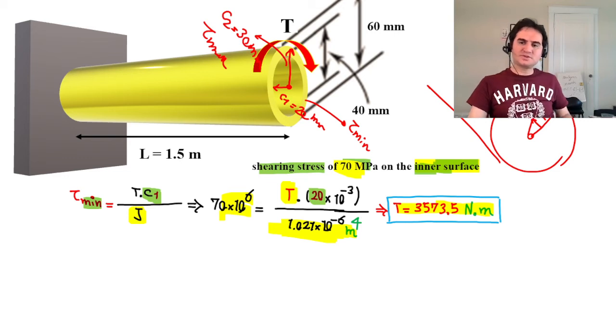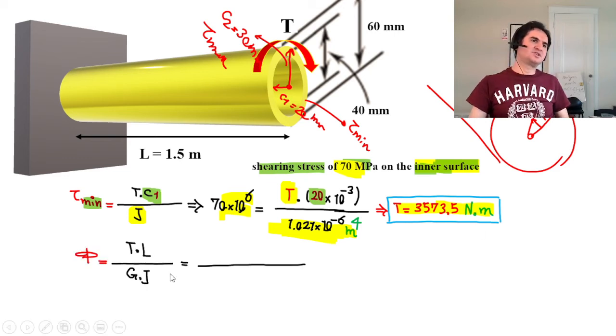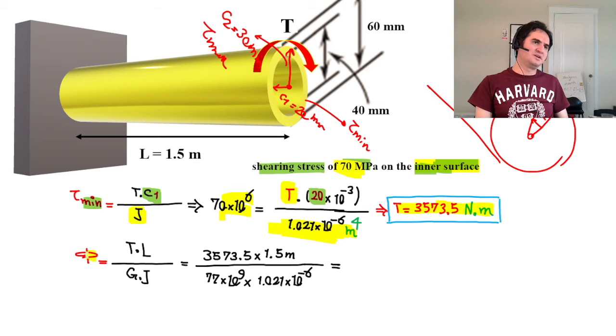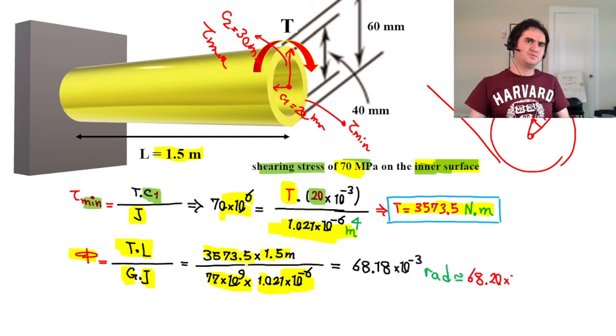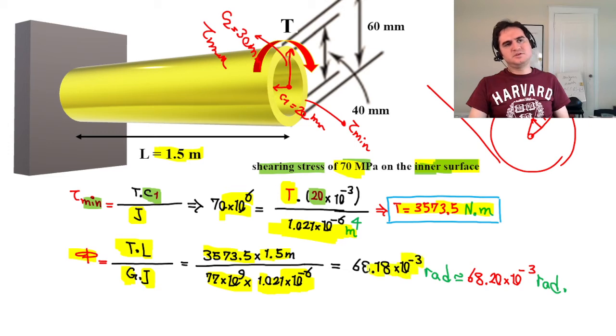When you have the torque, the angle of twist is just TL over GJ: the torsional torque times the length of the shaft over the rigidity modulus, which is provided, and J, which we just calculated in the previous slide. So we have the torque, G, J, and the length of the shaft, and it gives you a numeric value in terms of radians.